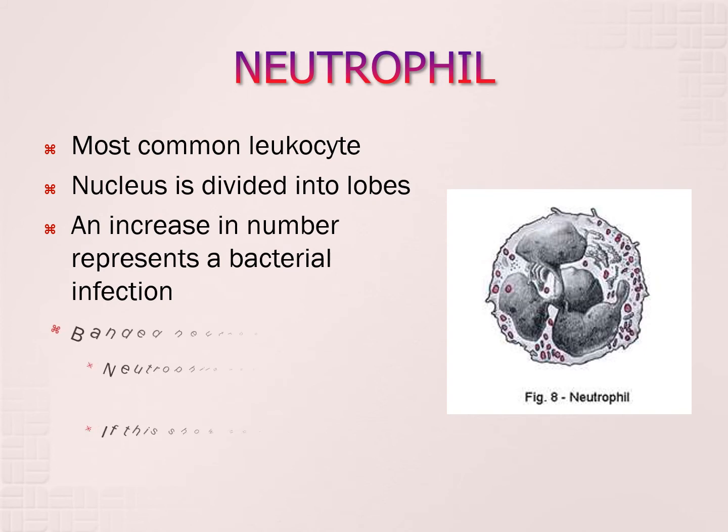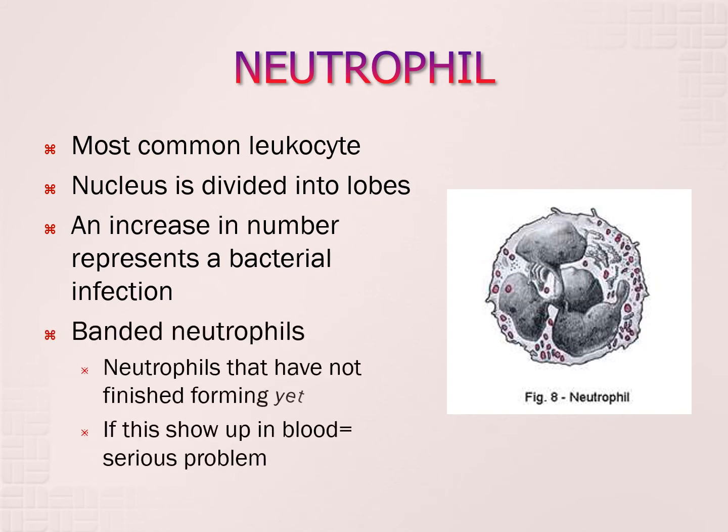Now, there is something called banded neutrophils. And when banded neutrophils show up, this is not a good thing. Banded neutrophils are neutrophils that have not yet finished forming. And remember, our white blood cells are made in our bone marrow, and they should stay in our bone marrow until they finish maturing, and then they can go wherever in our body needs them to.